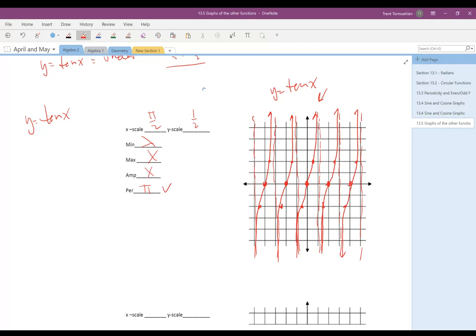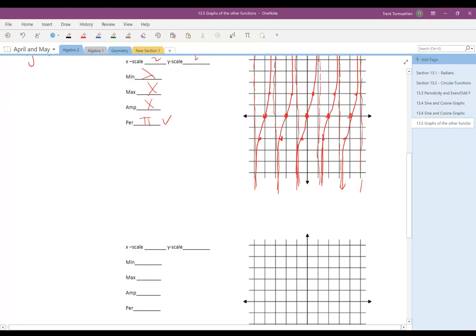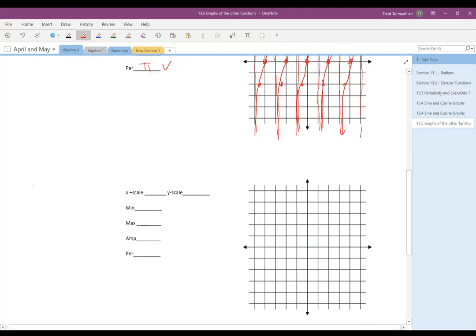So if you have something like y equals tangent of 2x, it's going to be done the same way, where your period, instead of 2 pi over b, is going to be pi over b, where b is whatever is in front of the x here.